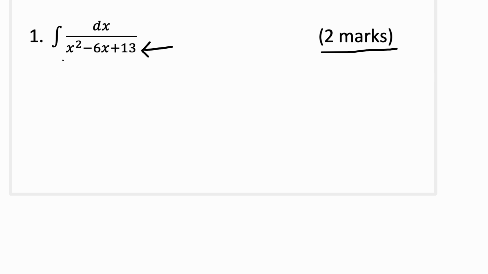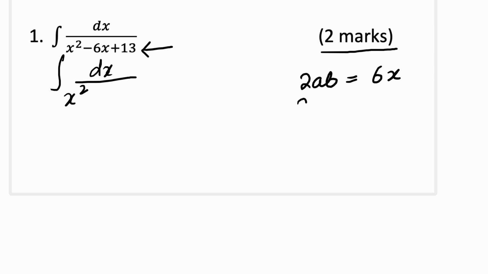So we'll write integration dx upon x square. Now see, we have 2ab equal to 6x. Here 2 is there, for a we have x, and b is to be found. So the 2 will cancel out and we are left with 3.